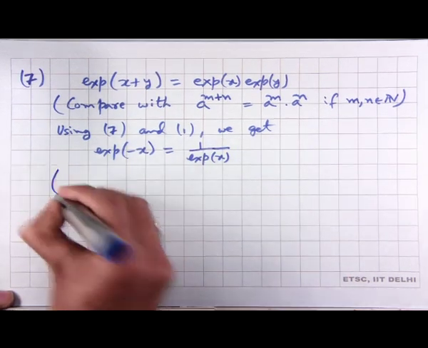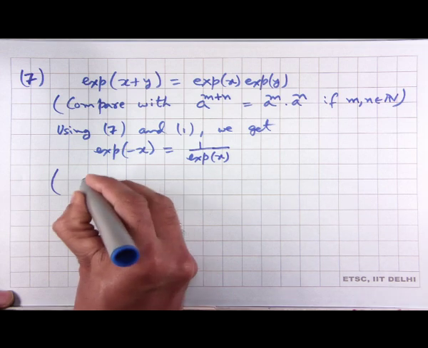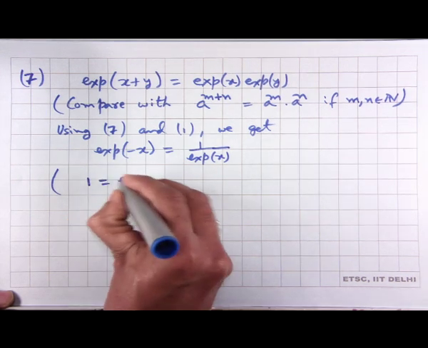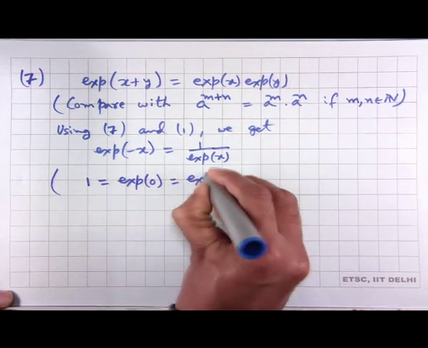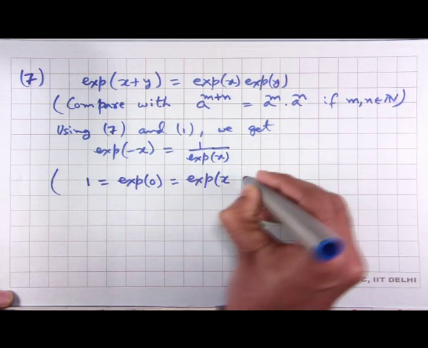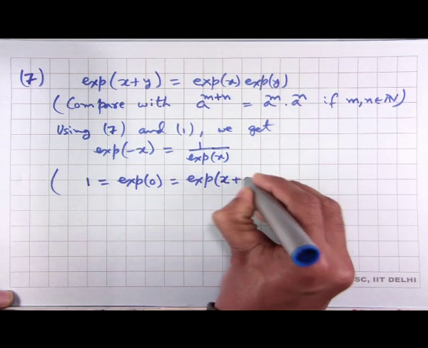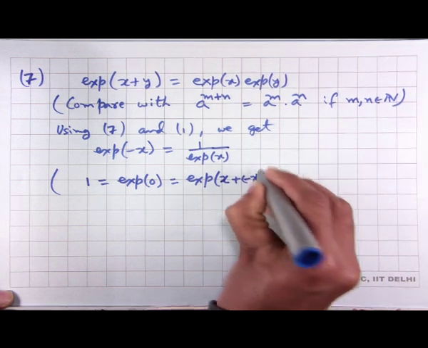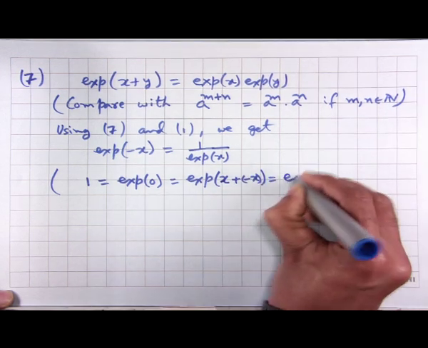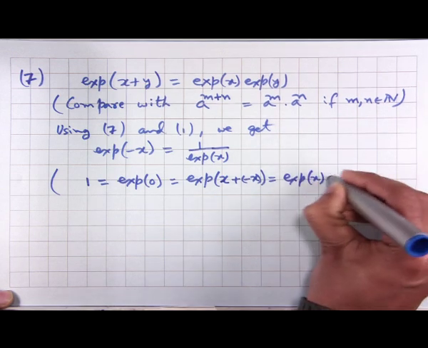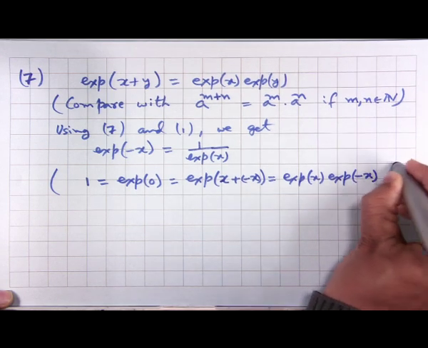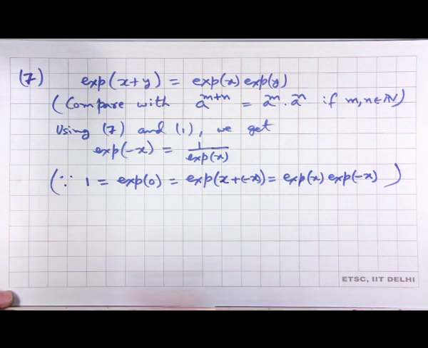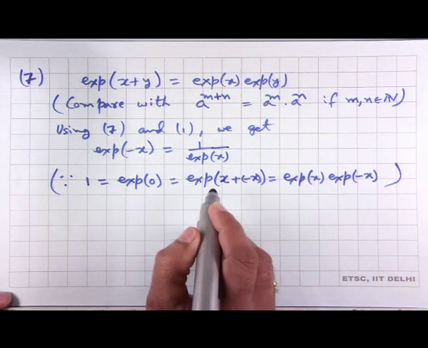This is because we know that 1 is exponential of 0, which I can write as exponential of x plus minus x, and by property 7 this is exponential x times exponential of minus x, and therefore, exponential minus x is 1 over exponential x.